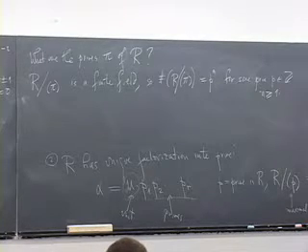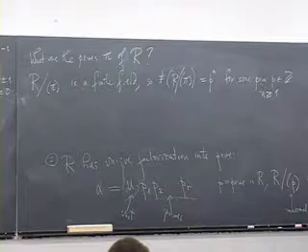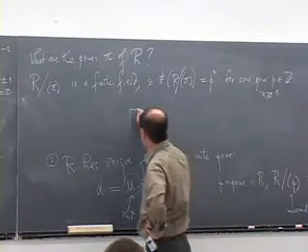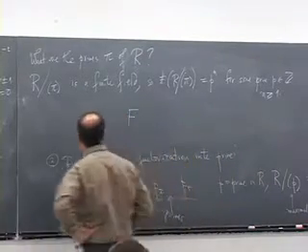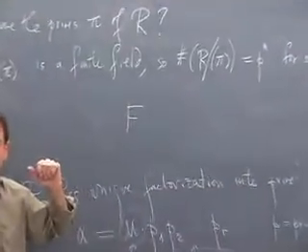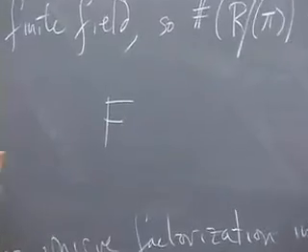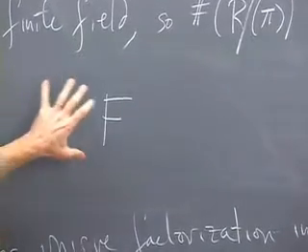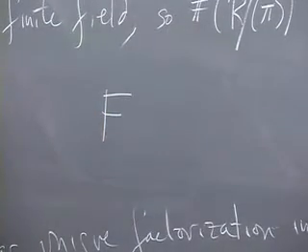We could do this for any field, remember? If we have a field F, we have a canonical map from any ring, right? What's our canonical map? For any ring R, we had a canonical map from another ring to R. What was that? You got it.